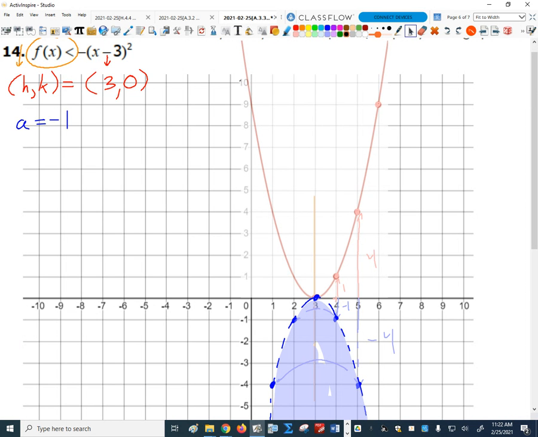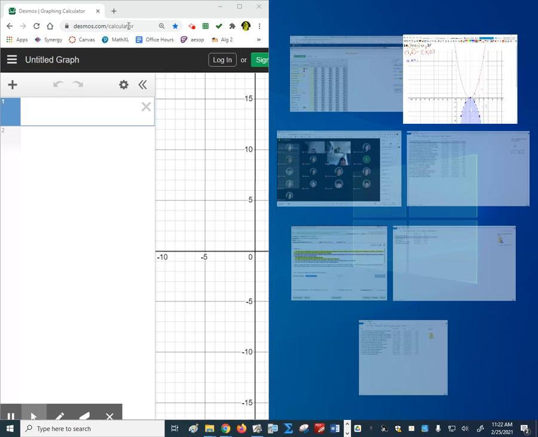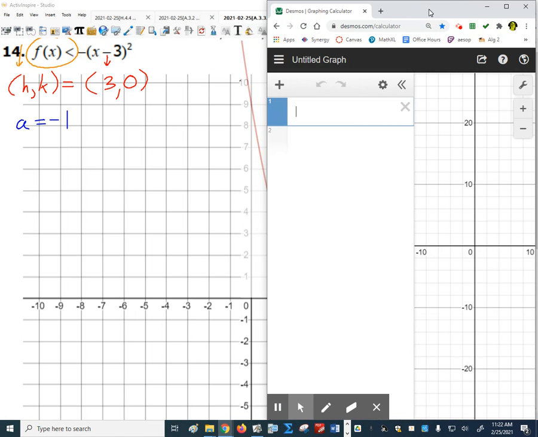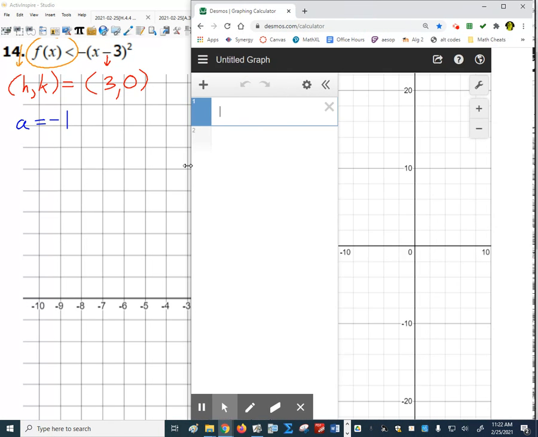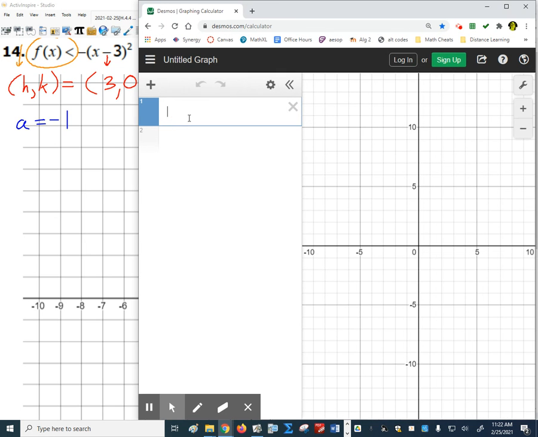I'll tell you what, just so we get a little better picture than my crappy drawing, I'm going to graph this in Desmos real quick and take a picture for the notes. Something that'll look a little better. So when I do an inequality, remember I can't use f of x, I have to use y in Desmos for some reason.